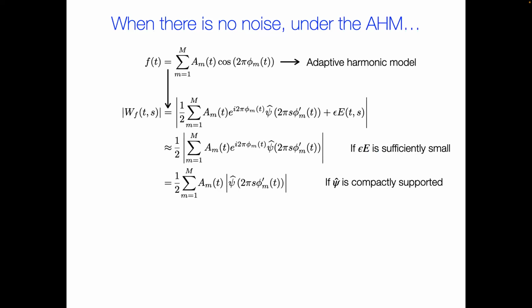And now if you make an assumption that epsilon, or the error, is sufficiently small, which holds in many practical situations, then you get a good approximation by removing the epsilon term. And if psi hat is compactly supported and the frequencies of different components are well separated, then you can rewrite things in this way. You get a summation of each component.